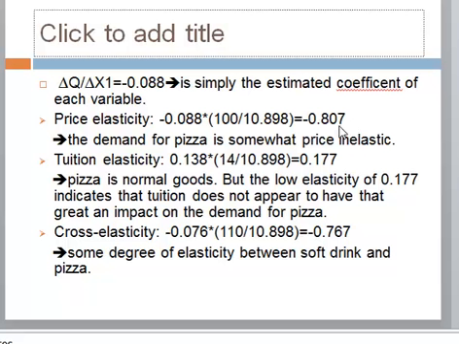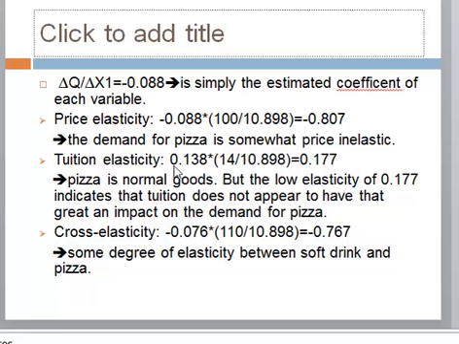This means price elasticity of demand for pizza by college students is price inelastic. Based on what we learned from the previous chapter, when demand is price inelastic, if we want to increase the total revenue, we had better raise the price instead of cutting the price.